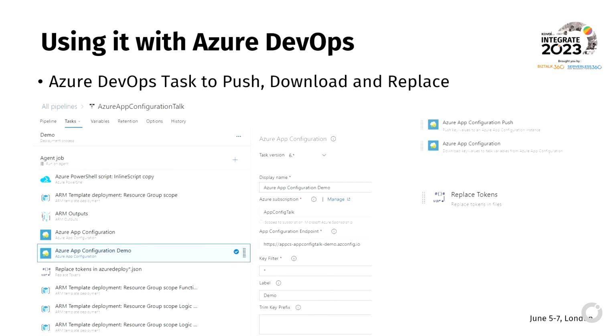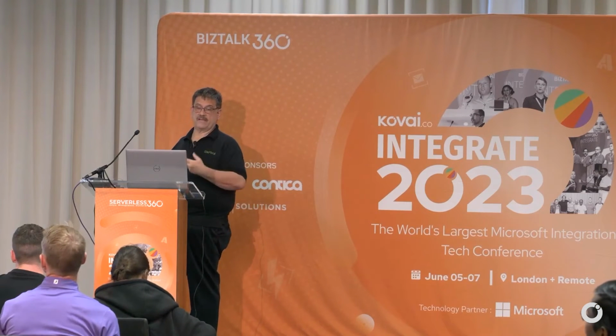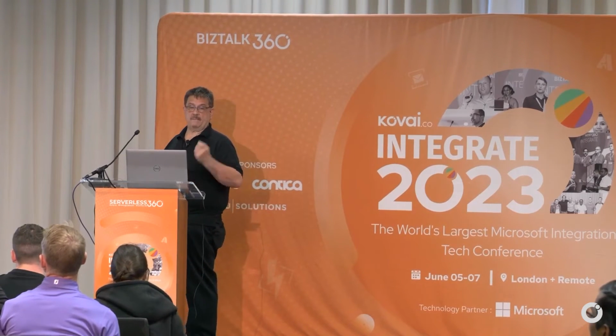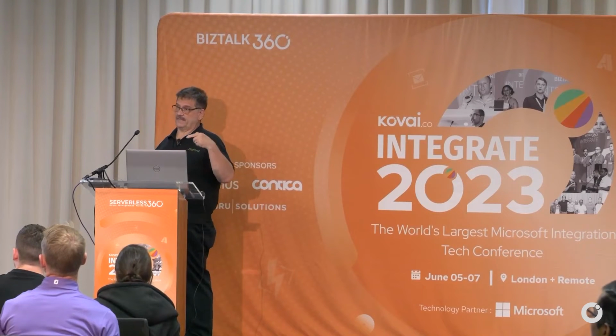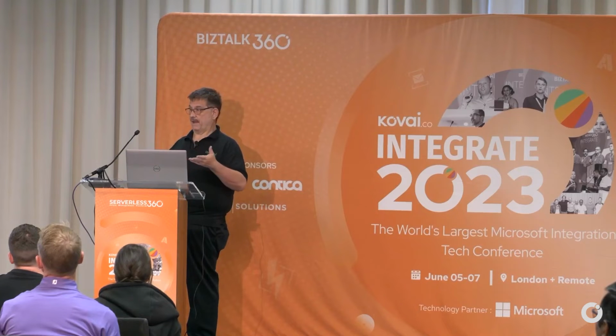In this particular DevOps, which is the one I used for these demos, I basically deploy the base ARM template. So it creates the storage accounts, it creates API management, it creates the hosts for the functions and the host for the logic app, those kind of things. And then there are things that I don't want to put into app config that I just push out through the ARM output.